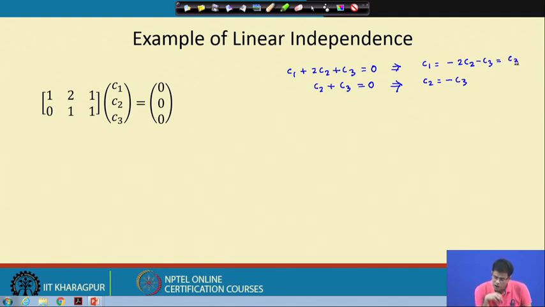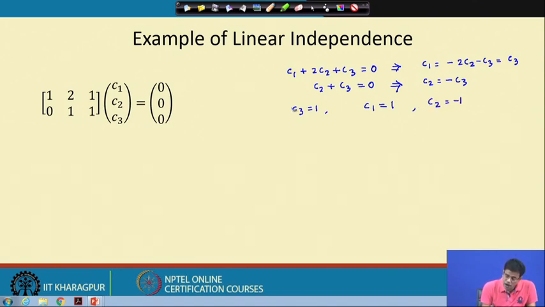Now here you see C1 and C2 I have represented in terms of C3. If I assume C3 is 1, suppose, then I can find C1 equals 1 and C2 equals minus 1.